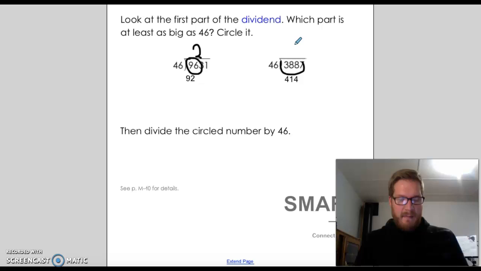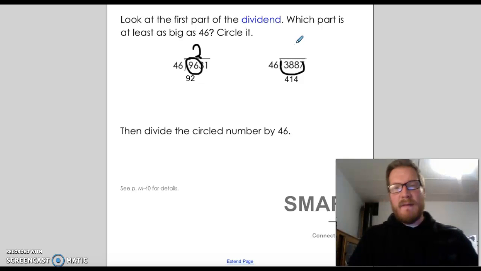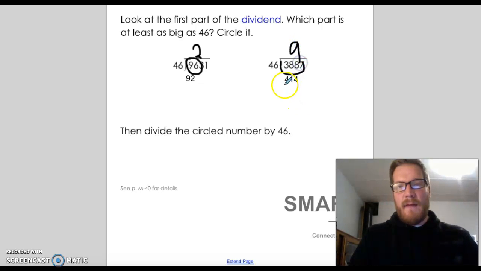Just do some quick math. 414 divided by 46. And I picked 9 times, and so that was too big. So I'd have to make an adjustment, and then I'll just pick 8 times. And then I would make my adjustment here.